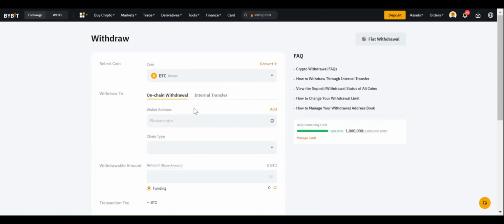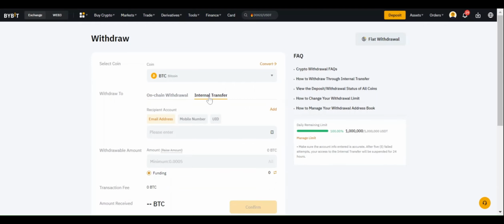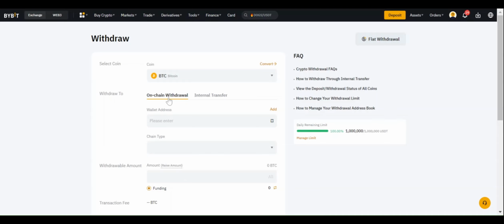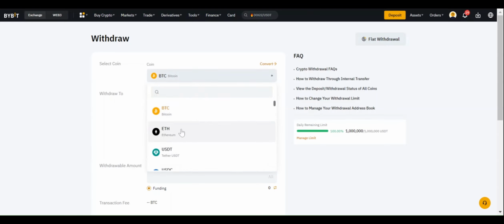So this exchange offers internal transfers, which are basically sending to someone with a Bybit account, and then you just paste their email address. But we want to do on-chain withdrawal, right? So I already copied the wallet address of my MetaMask wallet, right? So I'm just going to paste that here for the sake of this lesson, and I copied my Ethereum address.